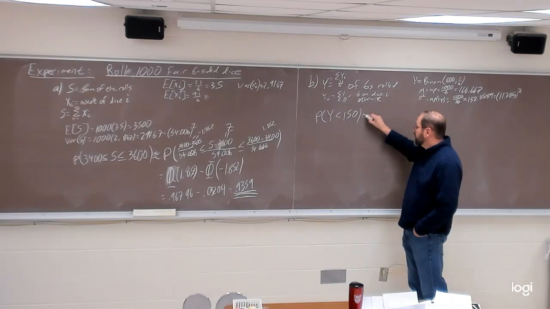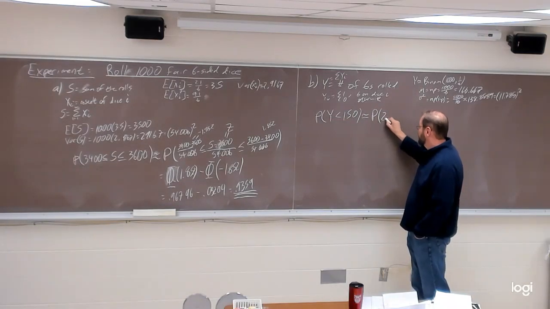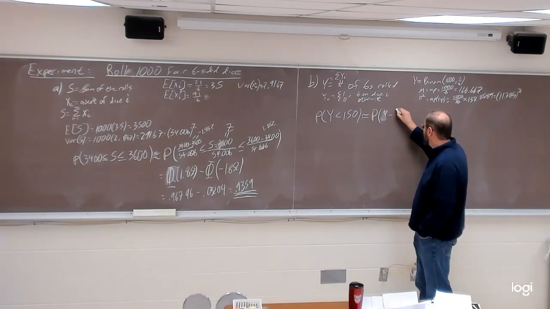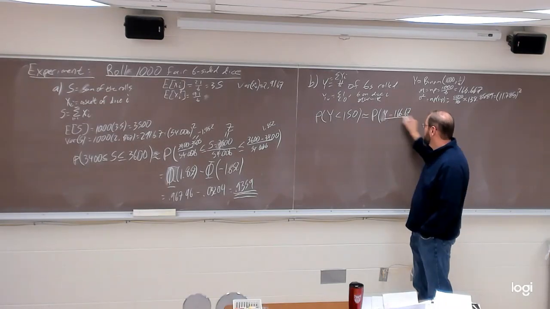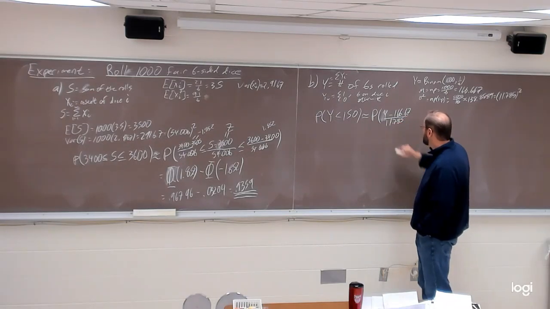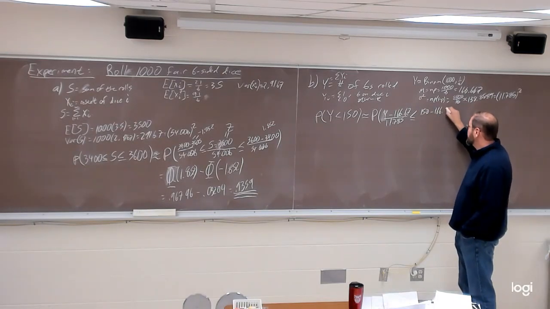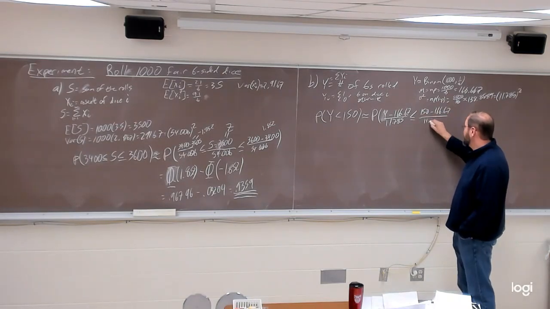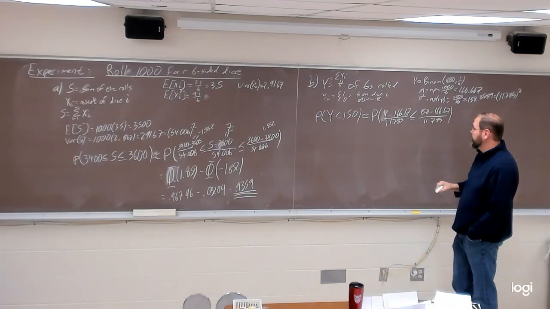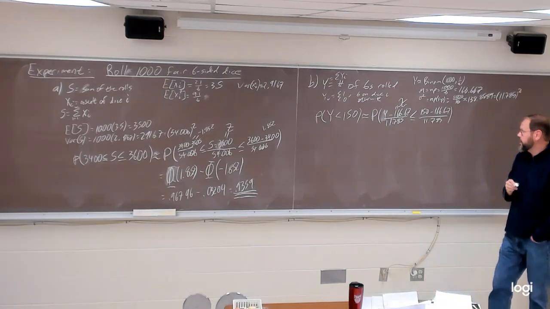And I know if I normalize this, Y minus its mean, which is 166.67, divided by the standard deviation, which is 11.785, that is, 150 minus 166.67 divided by 11.785, this is approximately a standard normal random variable.